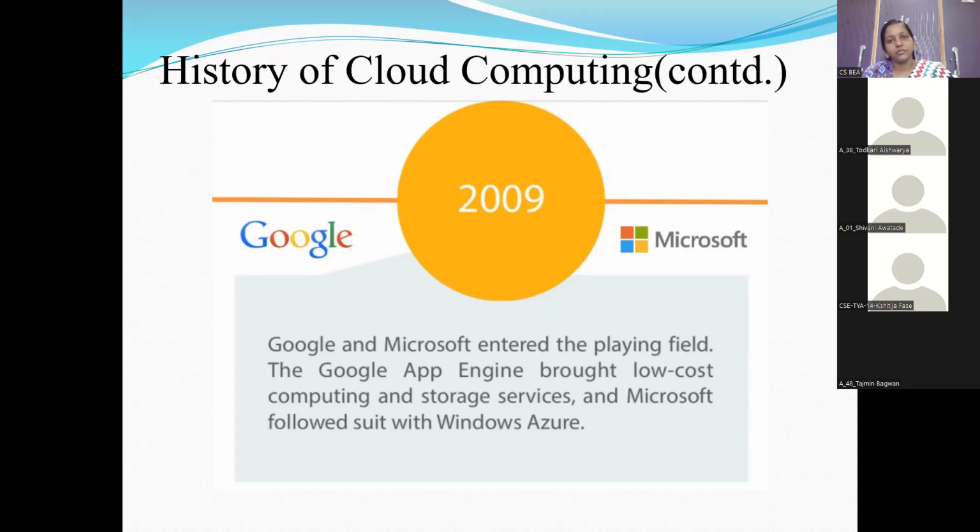Many of you have gone through courses like Azure, AWS, and Google Cloud Platform, maybe a year ago through Coursera or other platforms. The Google App Engine was introduced in 2009.